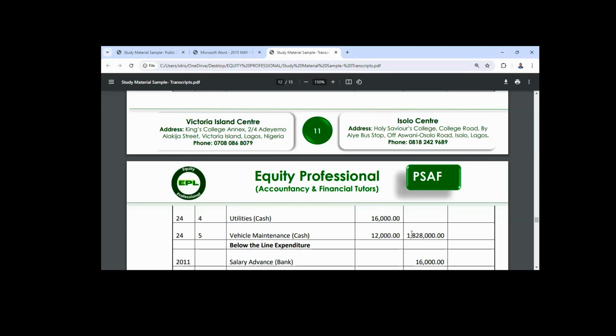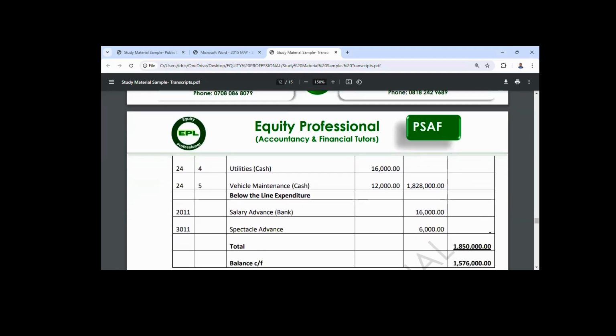You put them in the subtotal. Then the below the line expenditure: 2011 salary advance, you post it in the subtotal. 3011 spectacle advance, you post it in the subtotal.